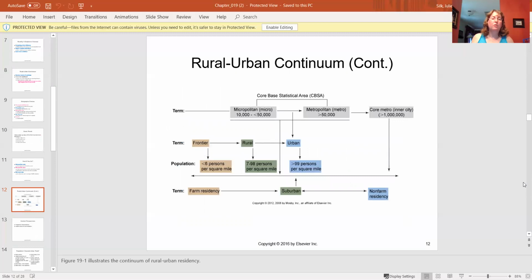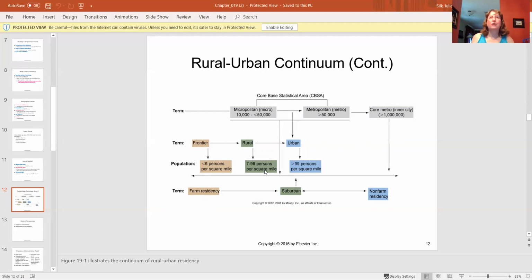So when you look at the rural-urban continuum, here's a nice picture of it that illustrates what it's like. They have the micropolitan, metropolitan, and core there. Then they have the terms frontier, rural, and urban. When you think frontier, you think of the Old West, where you have hardly anyone around. This is saying less than 6 persons per square mile.